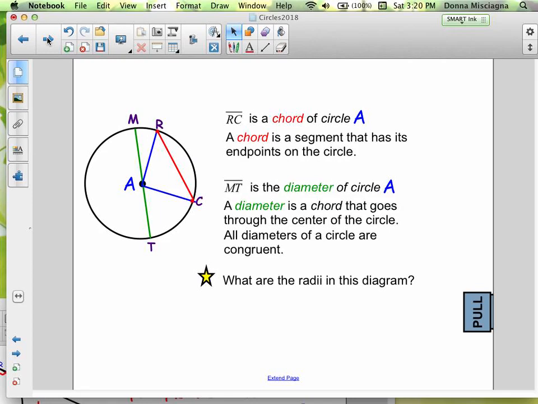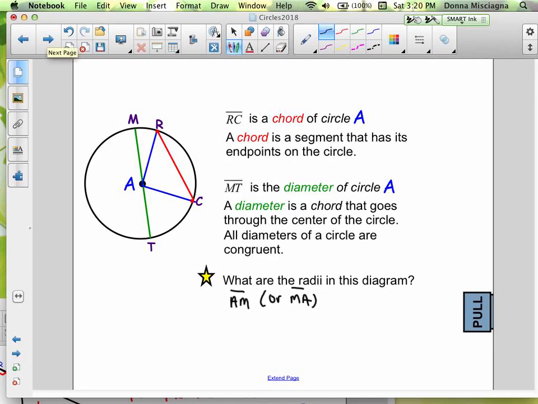What are the radii in this diagram? Probably the most obvious one is radius AM. It goes between the points M and A. By the way, it doesn't matter whether you name that MA or AM. They're the same thing.